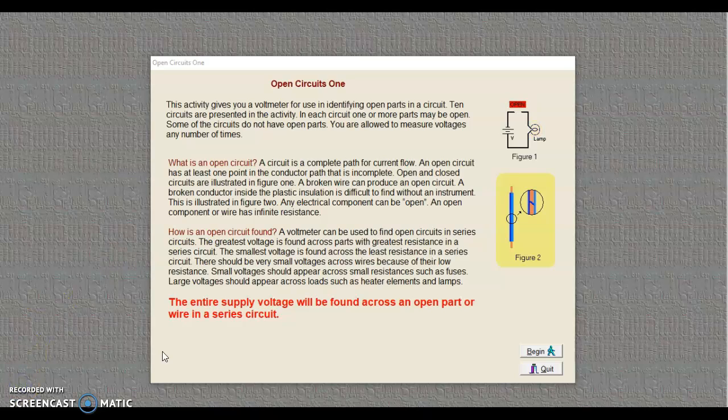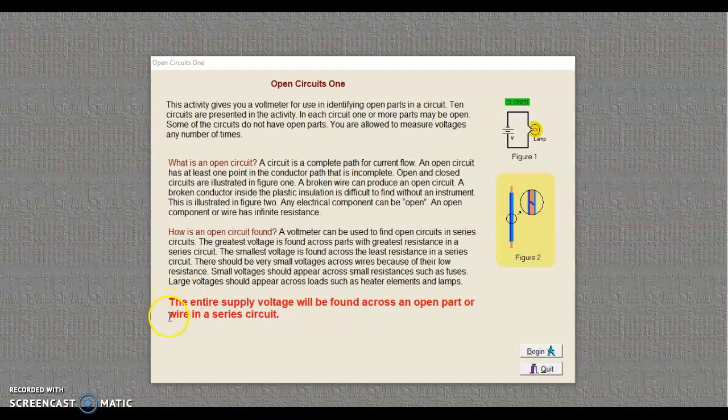So this is pretty straightforward. Your base information there, and it is information that we know already. In a series circuit, if we open that circuit, current cannot flow and the light ends up going out, just as we did in our early series labs. We're now going to use a voltmeter to find that broken wire, to find that broken open section of the circuit.